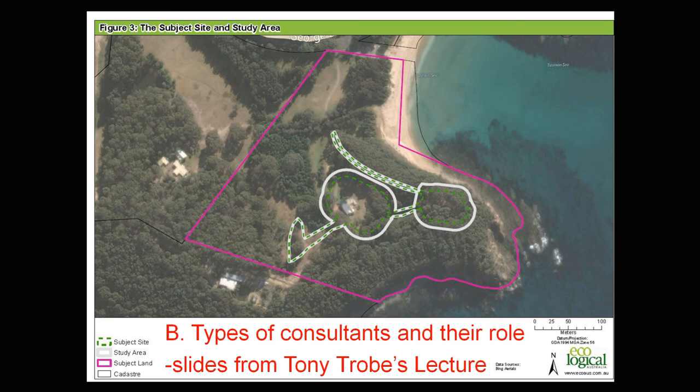So the first thing that one needs to do is to delineate the scope of their study, which includes where the two proposed houses are going to go.